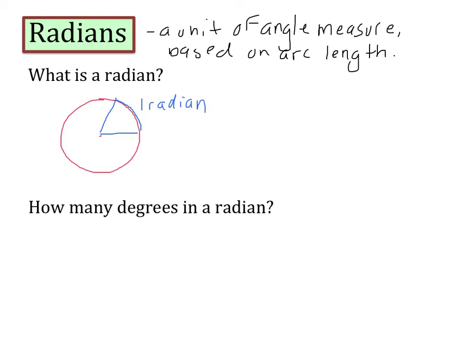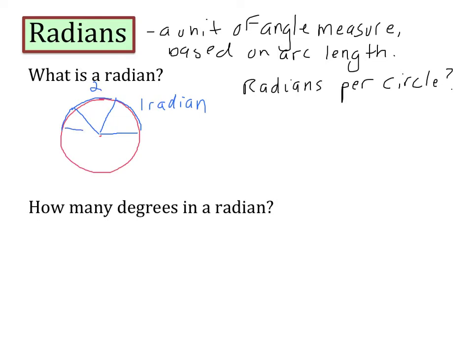So the next question is, how many radians are in a circle? So let's look at radians per circle. Well, if we go back to this original circle that we drew, let's imagine that that's 1 radian. Let's imagine that that's 2 radians.